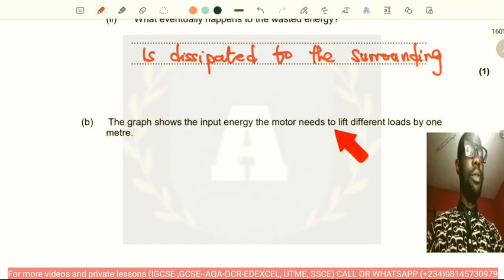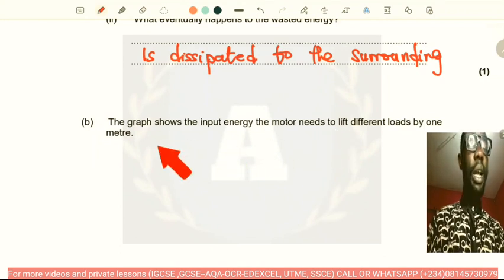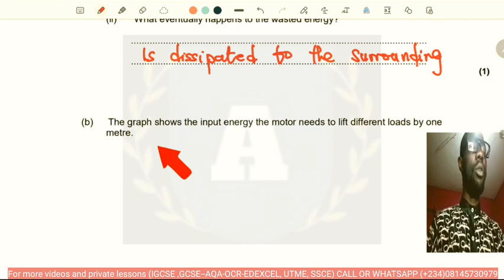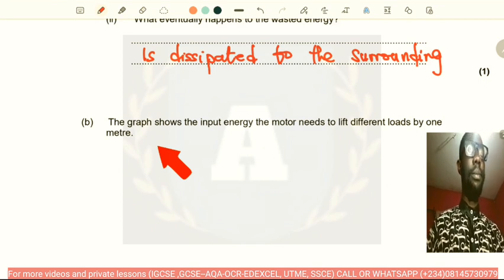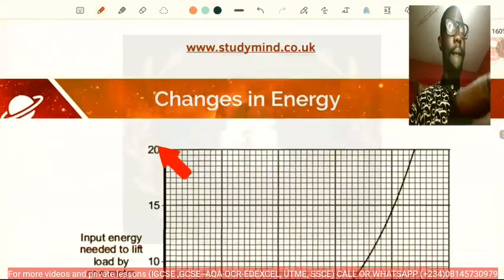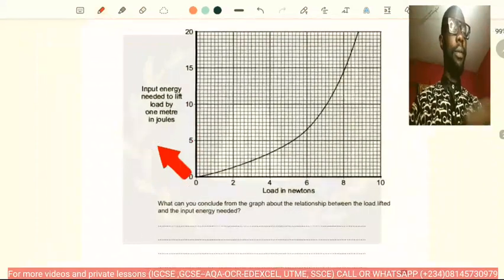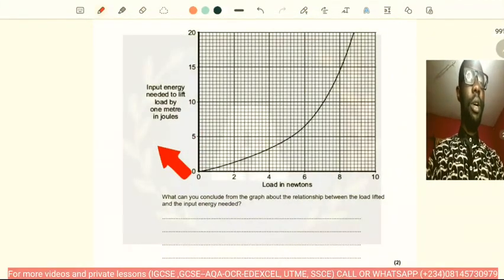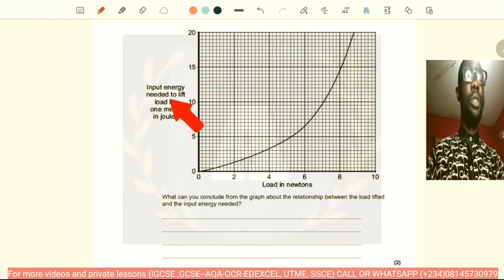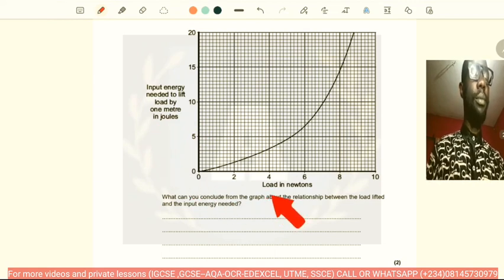The next question says the graph shows the input energy the motor needs to lift different loads by 1 meter. Here is the graph. This axis shows the input energy needed to lift the load by 1 meter in joules, and this is the load.